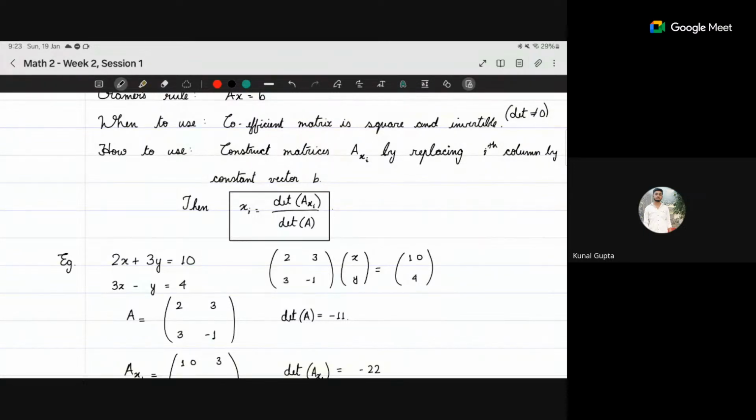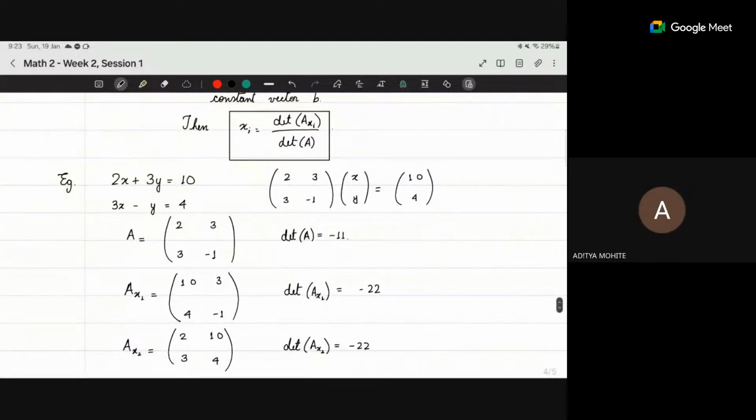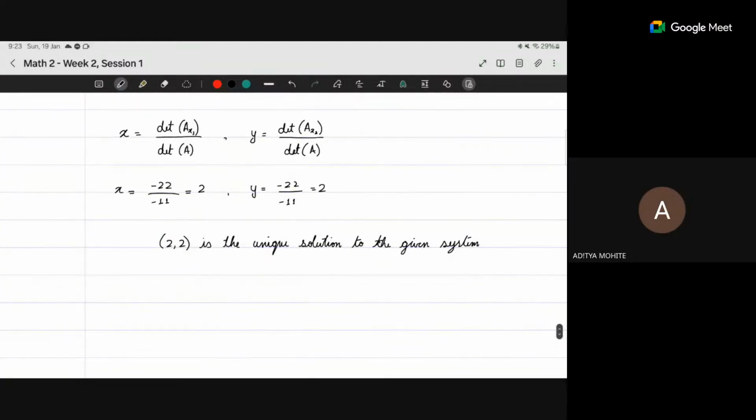I am not sure why, as in the proof of this, I don't remember, and the proof will probably shed light on why replacing something like this works. I'm not sure about why it works the way it works, but this is the method to do it. Yes, we have to do it in the same way for a 3 by 3 matrix.